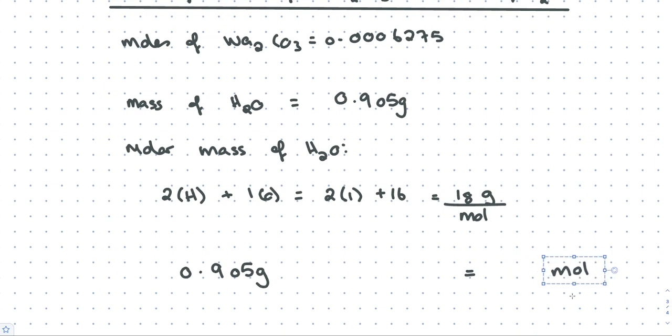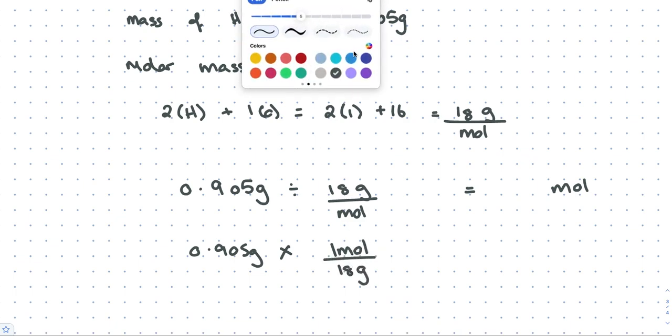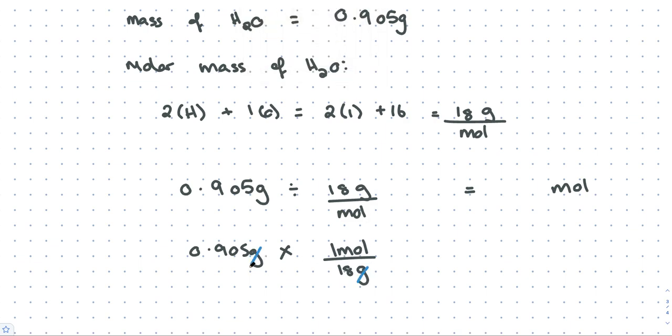So I want the moles to be on top, and if I want the moles to be on top, then what I do is I divide, because what happens when you divide by a fraction is you keep the first one the same, 0.905 grams. You change this to multiply, you flip the fraction. And now what will happen is our grams will drop out. So you keep, you change, and you flip.